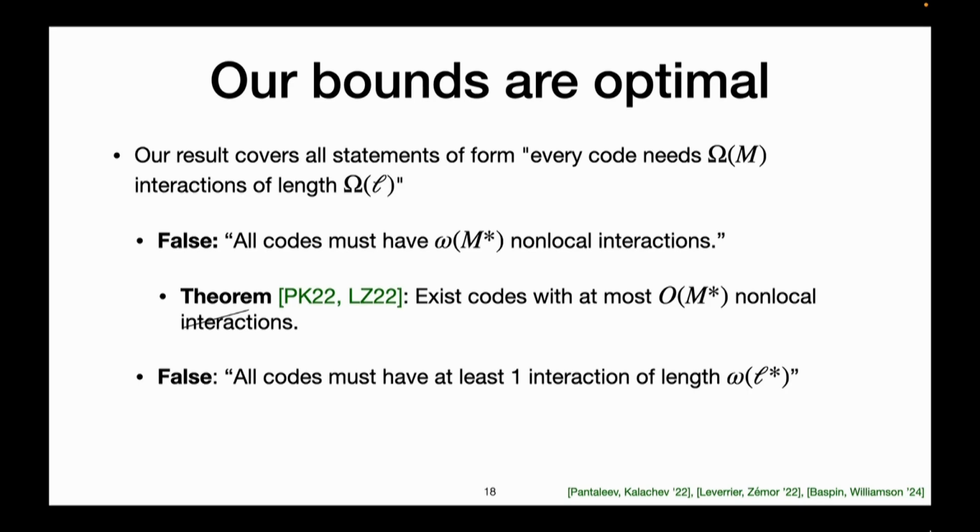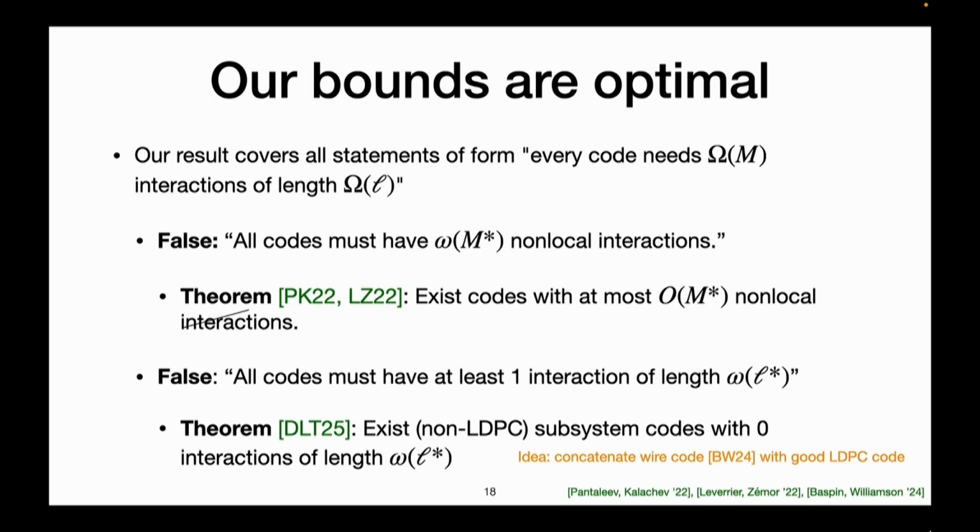In a similar way, you cannot make the statement that all codes must have at least one interaction of length bigger than L star, the L star that we found previously. This is because we construct subsystem codes with no interactions of length bigger than L star. The idea here is you just concatenate a wire code, which is a geometrically local subsystem code that saturates Rabi's bound, with a good LDPC code.